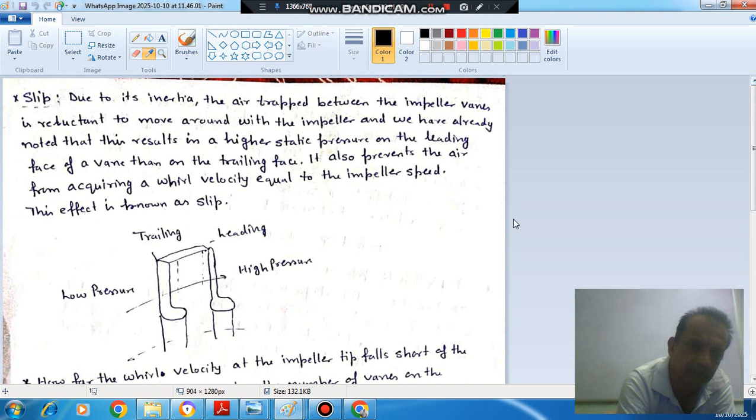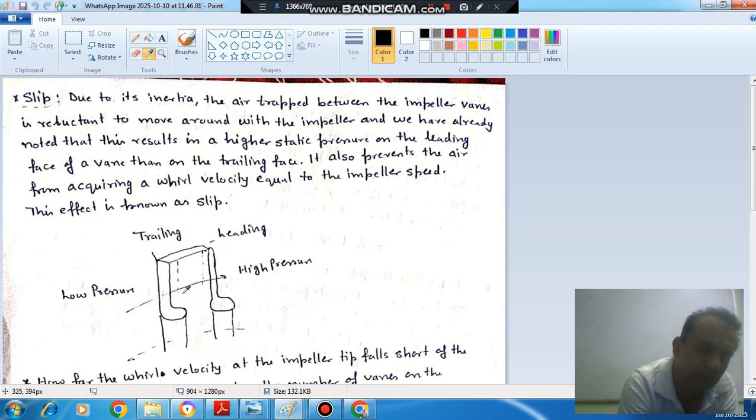So the main reason for slip is the difference in pressure. As this impeller is moving like this, and this is one of the vanes of the impeller, at the leading face of the vane there is high pressure, and at the trailing face there is low pressure. So air tends to escape from the impeller.